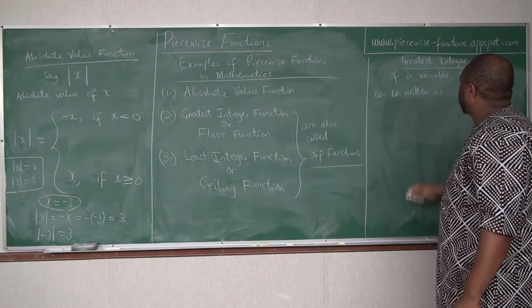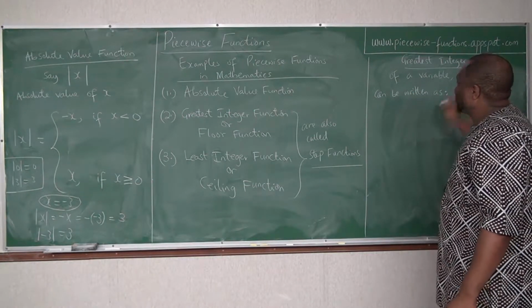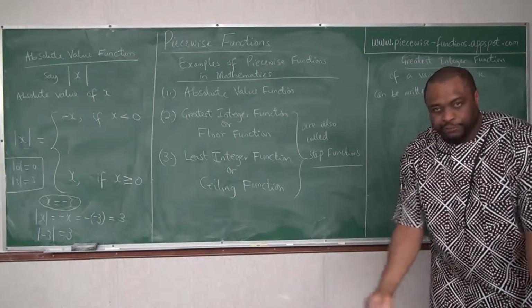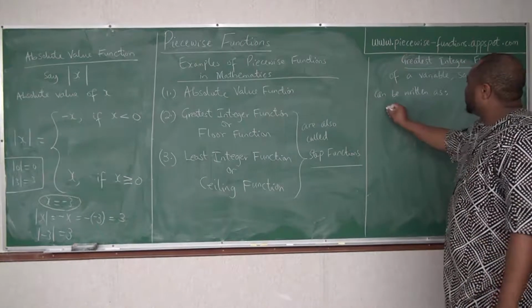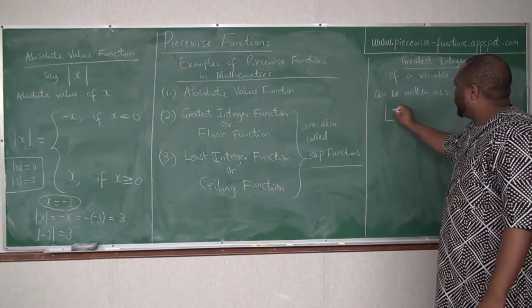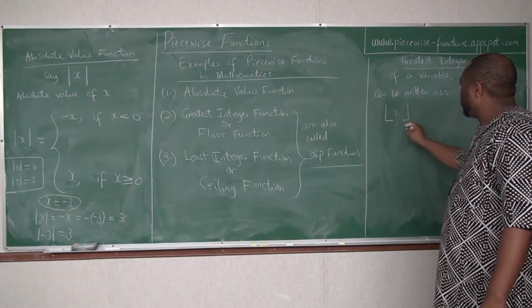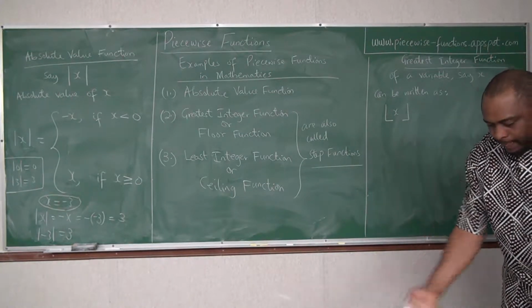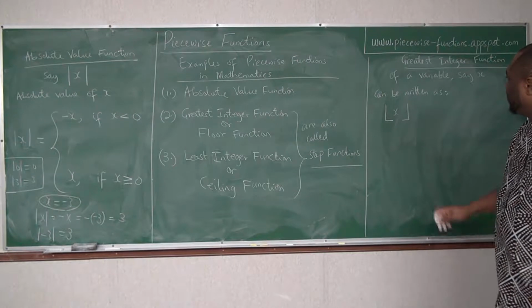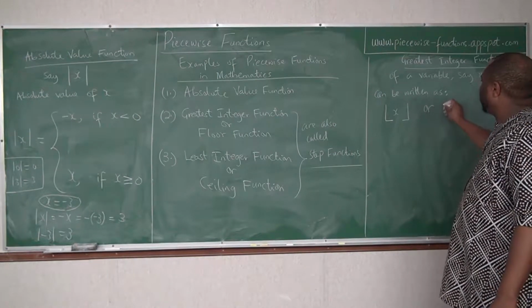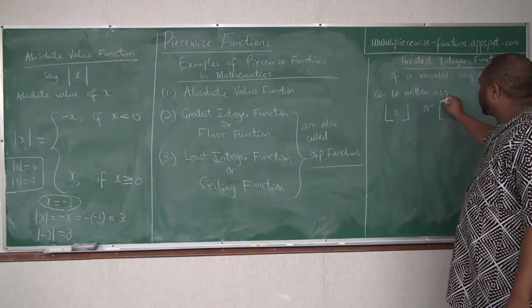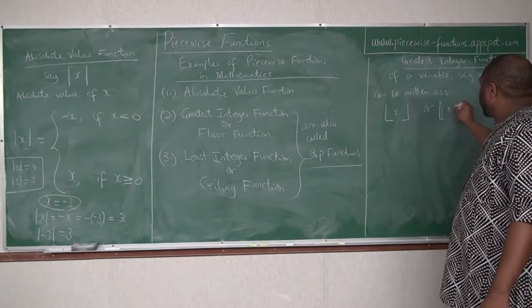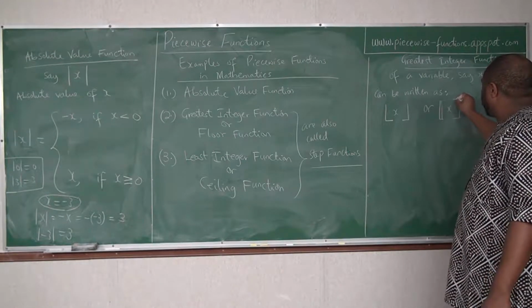This is a floor function, the floor. So we write it as floor. Look at the way I'm writing it, floor function. Or you can also write it like this, with the double brackets.